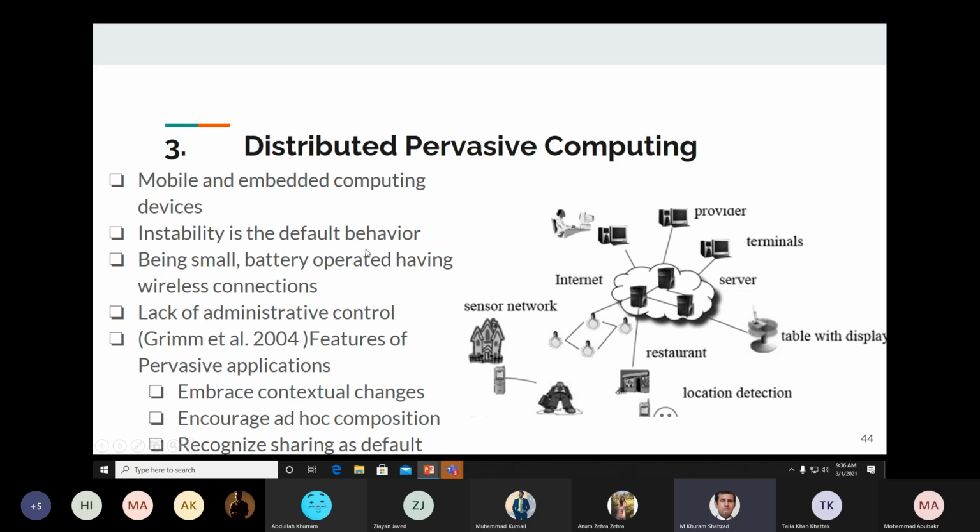Instability is the default behavior. Okay. What is instability? Although you want a 25 centigrade temperature in your room, the outside temperature is different. If you want a certain flow of air, but outside is different. So instability is there.